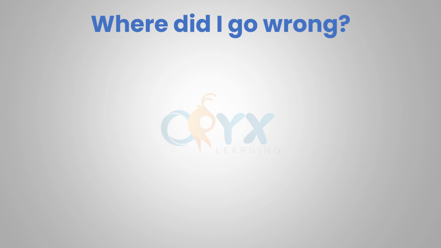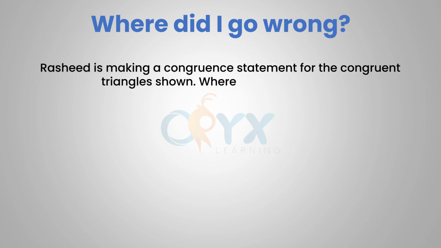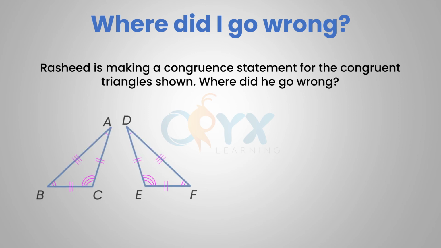Now back to Rashid. If Rashid is making a congruent statement for the congruent triangle shown, where did he go wrong? So again, Rashid's statement is triangle ABC is congruent to triangle DEF. Let's look at angle A to start.